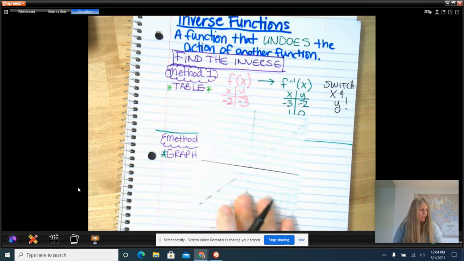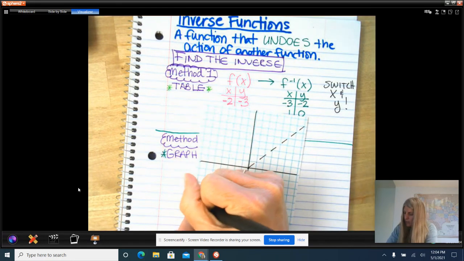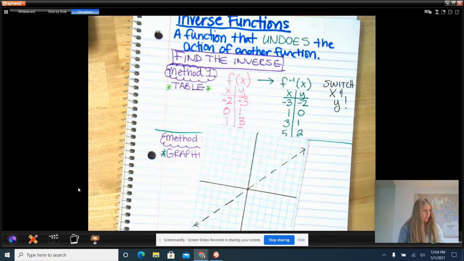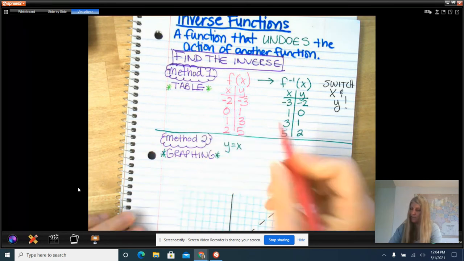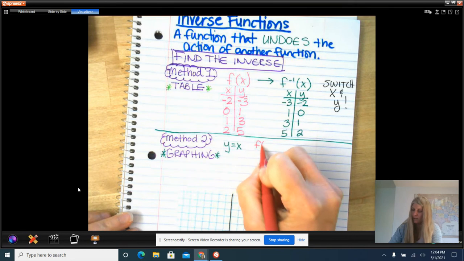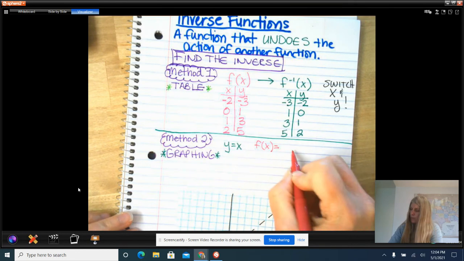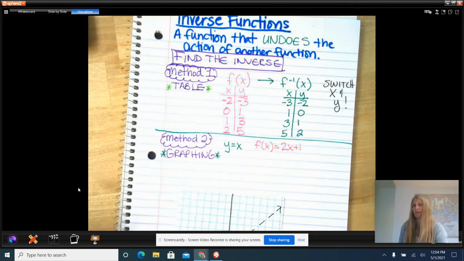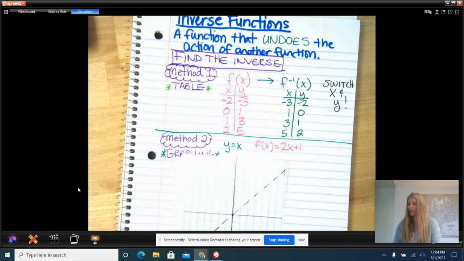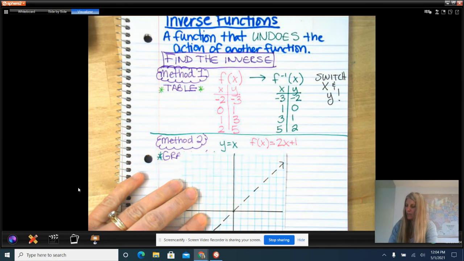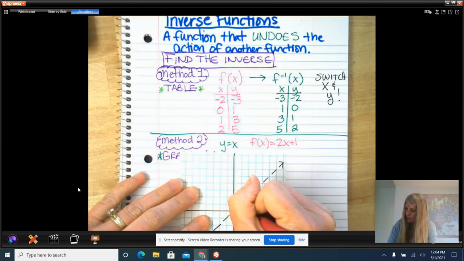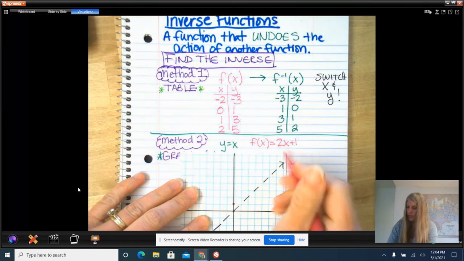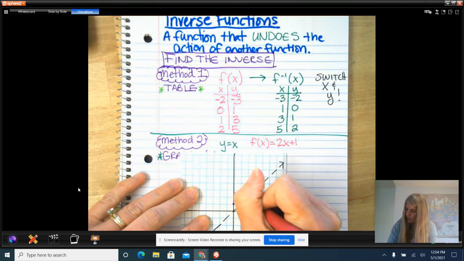Okay. And so we're going to go ahead and plot the equation f of x is equal to 2x plus 1. So we're going to start by doing the original equation. So we're going to plot our y-intercept at 1, and then we're going to move our slope up 2 and 1 to the right.